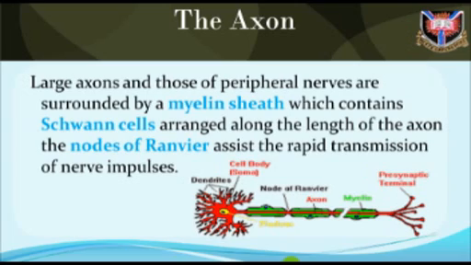Concentric layers of plasma membrane of Schwann cells wrap around the length of myelinated axons. There are tiny areas of exposed axolemma between adjacent Schwann cells called nodes of Ranvier, which assist the rapid transmission of nerve impulses.